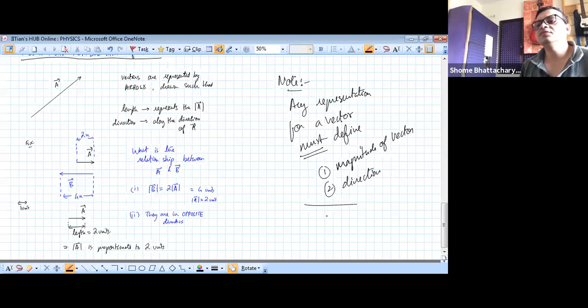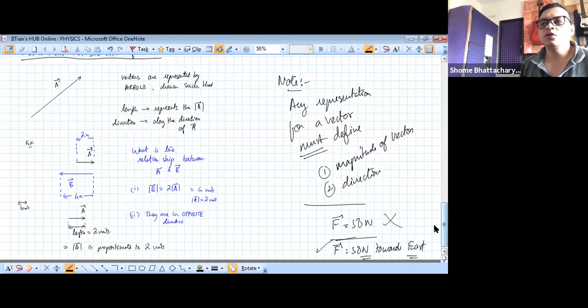That is why when we said that F is equal to 50 newtons, this is incorrect, because it gives you information about magnitude, but it does not give you information about direction. But when we said that F is equal to 50 newtons towards east, it's a correct representation, because both the things, magnitude and direction, are given.